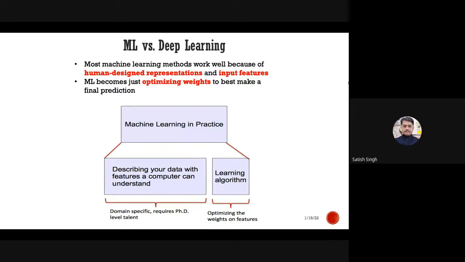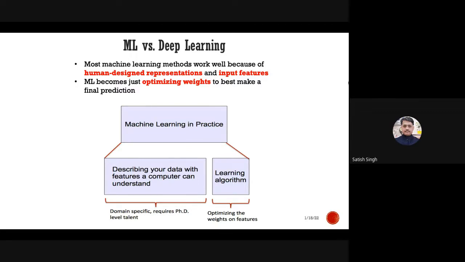Suppose you need to describe a fish, then what is the length of the fish, what is the appearance of the fish, what is the weight of the fish, or maybe another set of representations. Okay, so this way you need to define. Means the machine should understand on the basis of certain measurable inputs. Measurable inputs are simply known as the features.